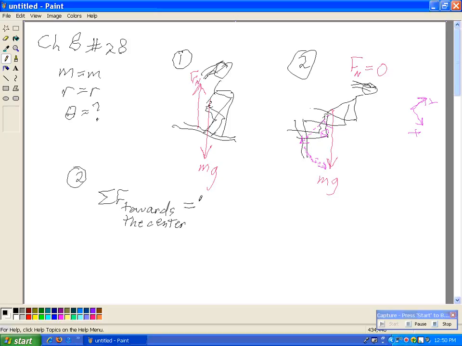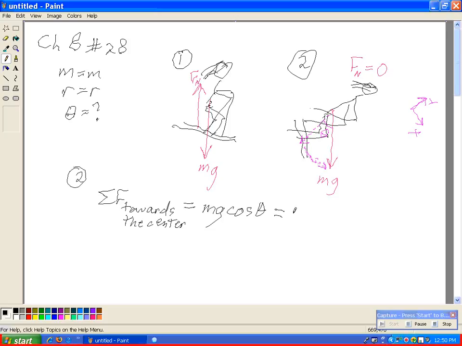And so we have this line is the center, the force that's towards the center. That's mg cosine theta. No more normal force. That is at the critical point when she loses contact, the normal force goes to 0. So it's 0.